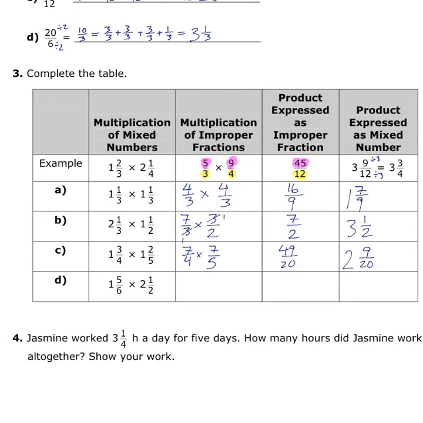And the last one here, 1 5/6 is 11/6. 2 1/2 is 5/2. Multiplying the tops, multiplying the bottoms. 12 goes into 55. Oops. 4 times 12 is 48. We have another 7 left over out of 12. And that's it for number 3.